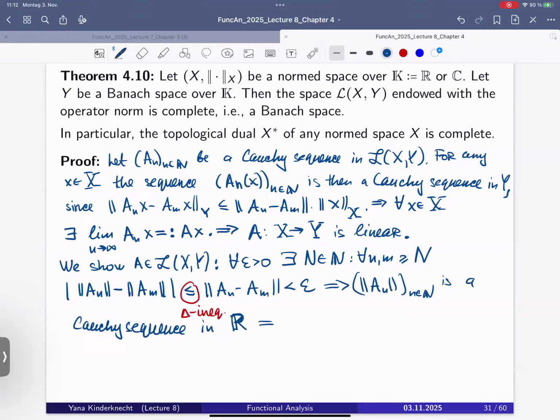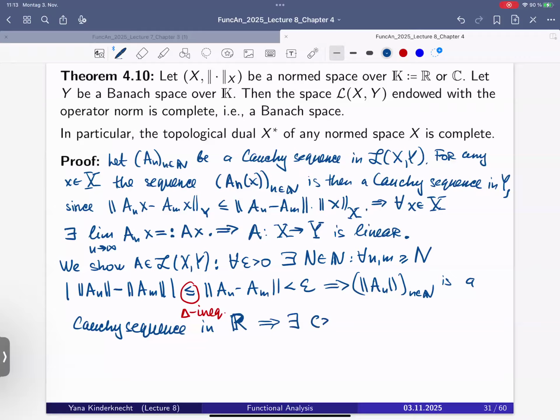We know that our field K, in particular R, is a complete space. Hence each Cauchy sequence has a limit, so it is a convergent sequence, and each convergent sequence is bounded.